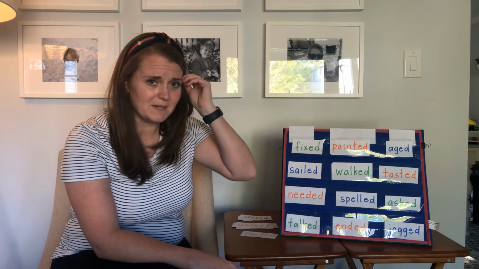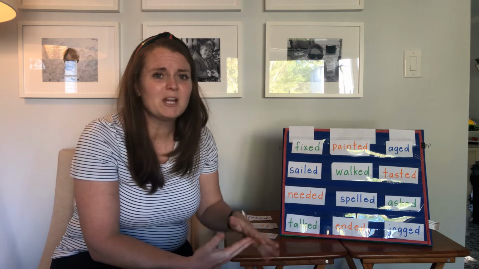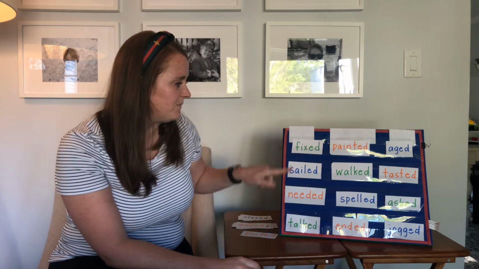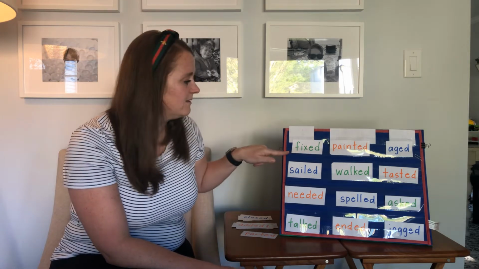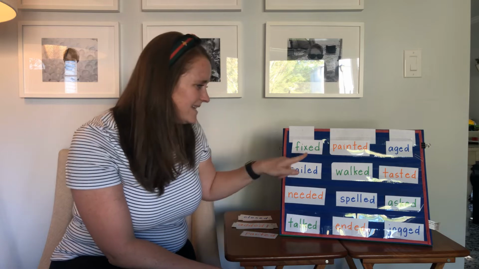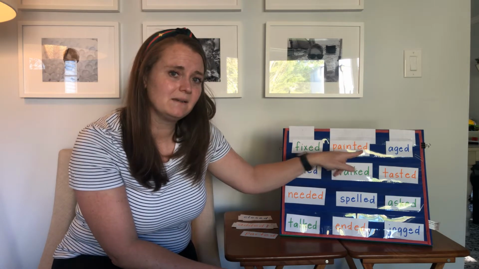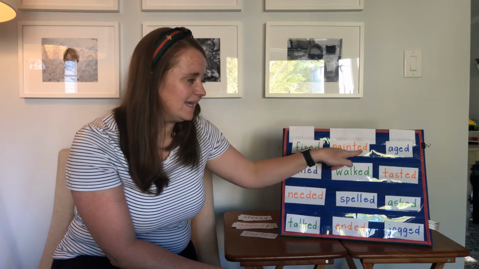I have some words up here, and I'm going to say and read these words, and I'm going to notice how the ending sounds. So I'm going to notice how that ed sounds at the end of these words. Watch as I show you. Fixed. When I say fixed, I notice that ending says ed, but it sounds like a t sound, like the letter T. Painted.